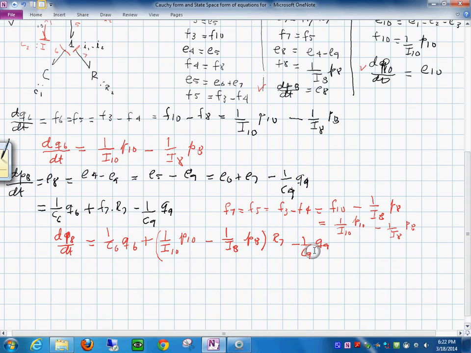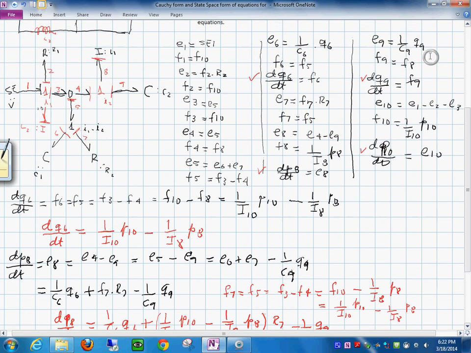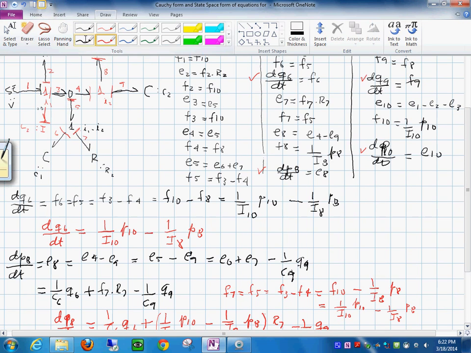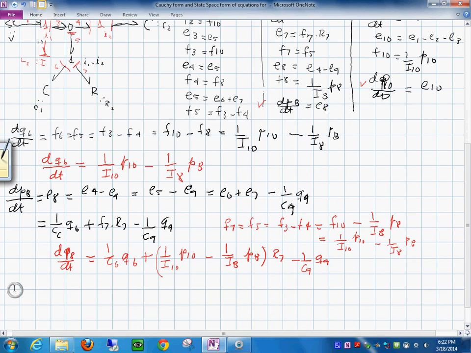And then you need to have a third, which is this one right here. So we're gonna go over here and say dq 9 dt. See, dq sub 9 dt is equal to F sub 9.